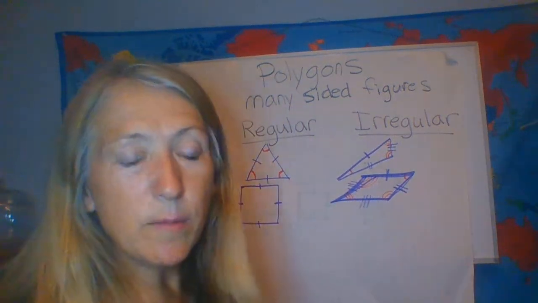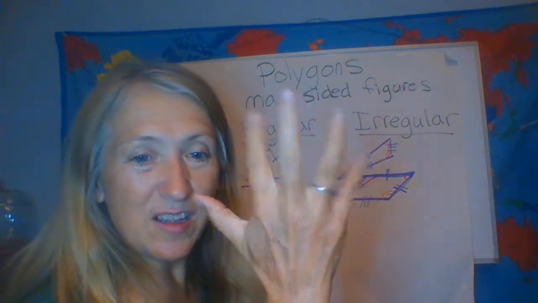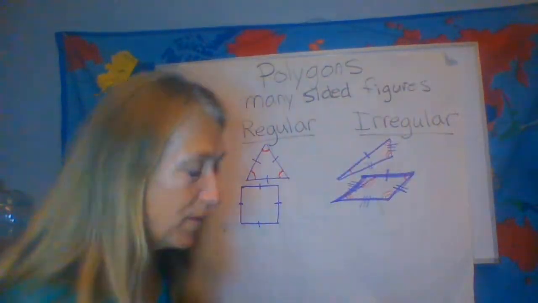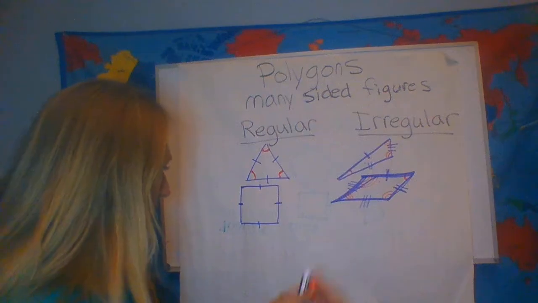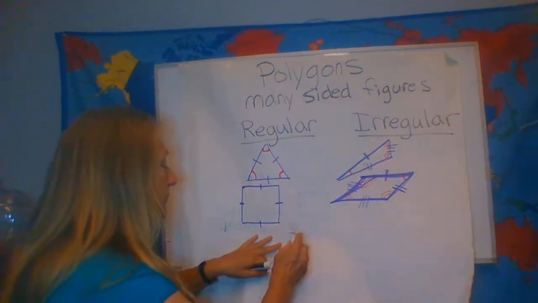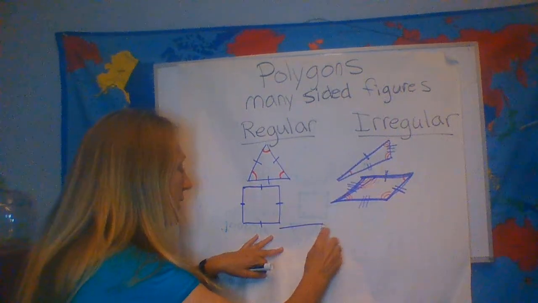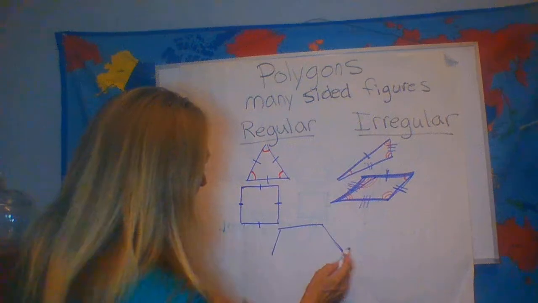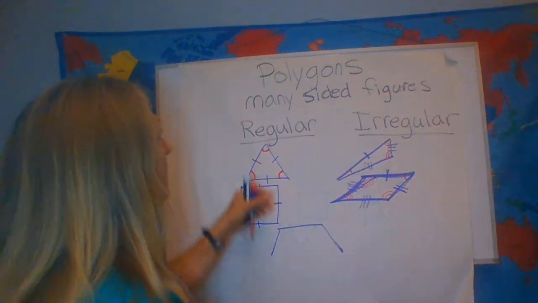All right, let's try one more, the pentagon with 5. So we're going to make a 5-sided polygon. 1, 2, 3, I'm running out of space. Can you see it?